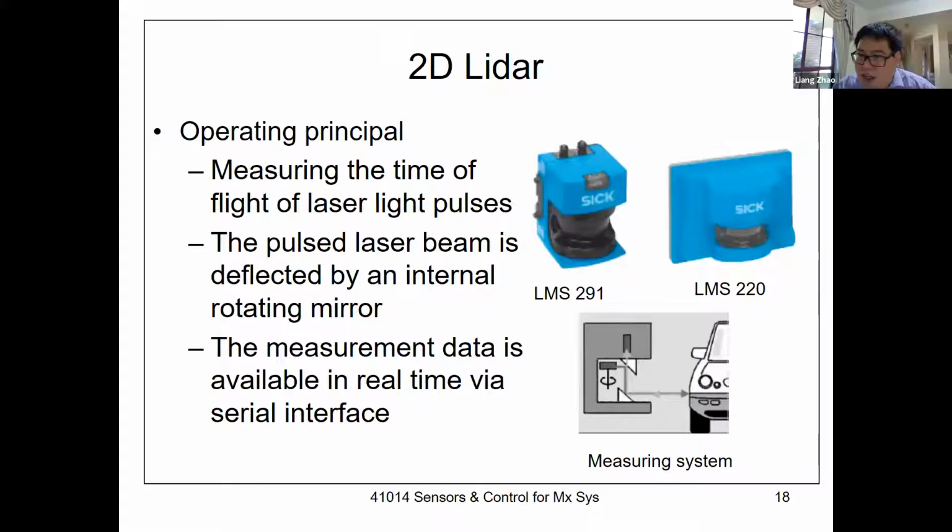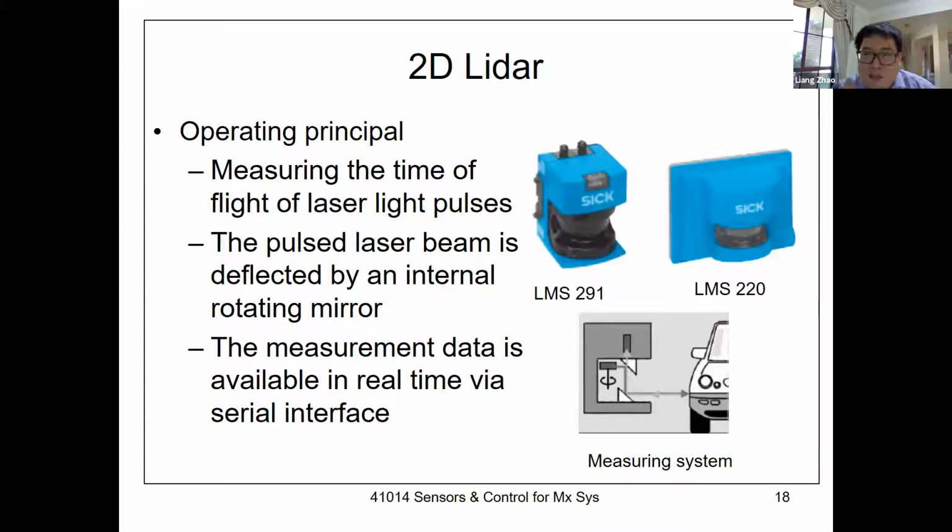And the very good thing about LiDAR is, because it's light, you don't have to do the multi-beam of the sonar, right? What you need is just a rotating mirror inside, and then you can have multiple beams by deflecting the light.